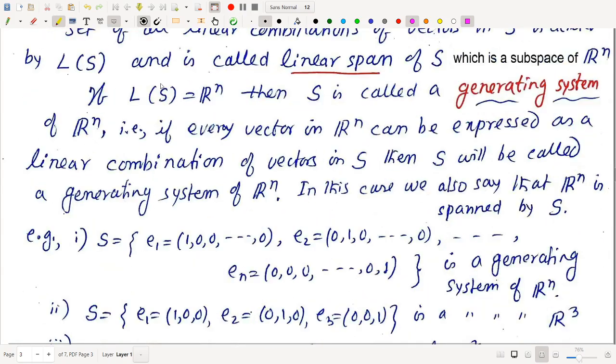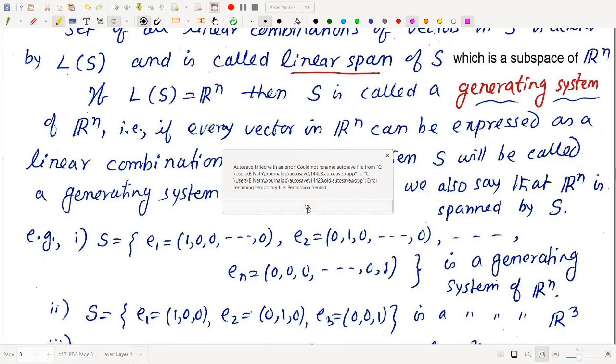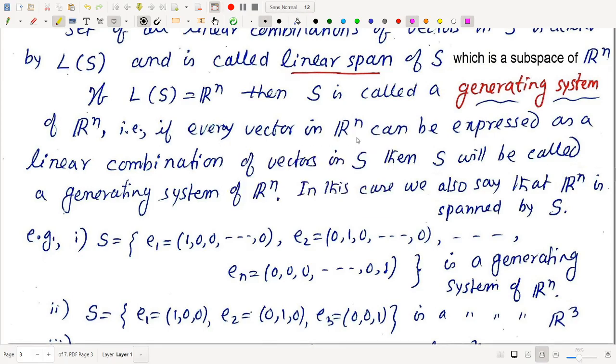Now, if L(S) equal to R to the power n, meaning linear span of S equal to R to the power n, it may be a special case, then this S is called a generating system of R to the power n. That is, if every vector in R to the power n can be expressed as a linear combination of vectors in S, then S will be called a generating system of R to the power n.